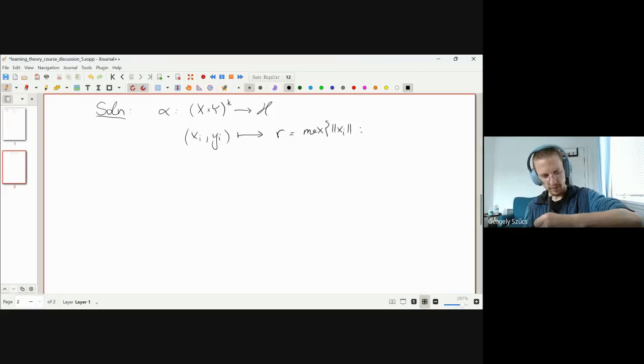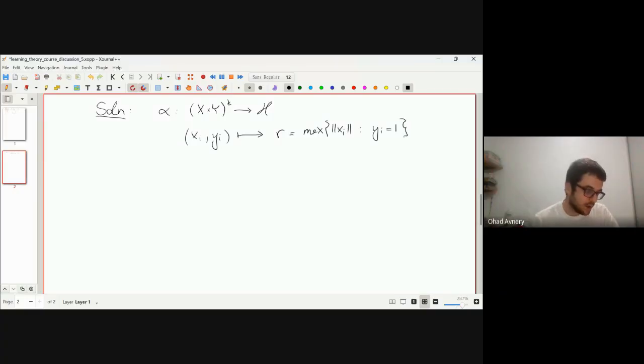This is the max of the norm of xi for which yi is equal to 1. And then I set out to bound the error of this algorithm depending on m.